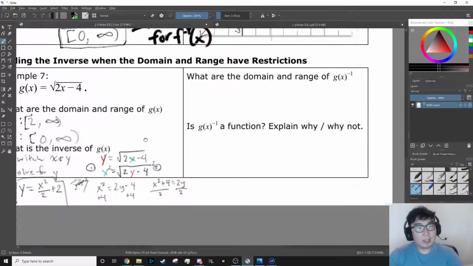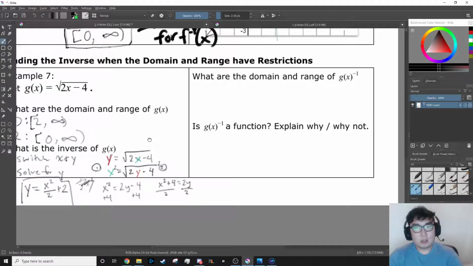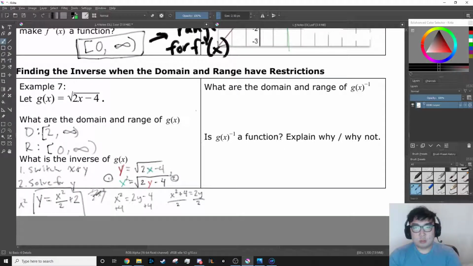What are the domain and range of your inverse? So there's a rule. Your domain becomes your range, and your range becomes your domain. So speed wise, you can just say, all I really gotta do is switch these, and I will switch them.